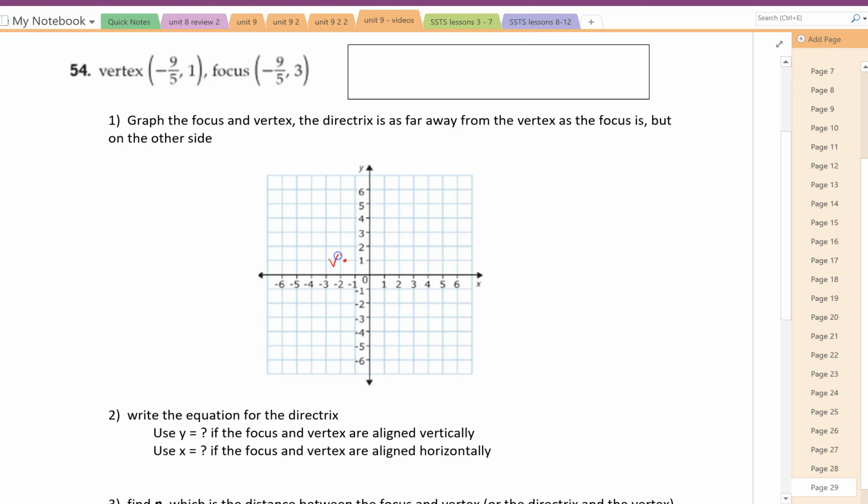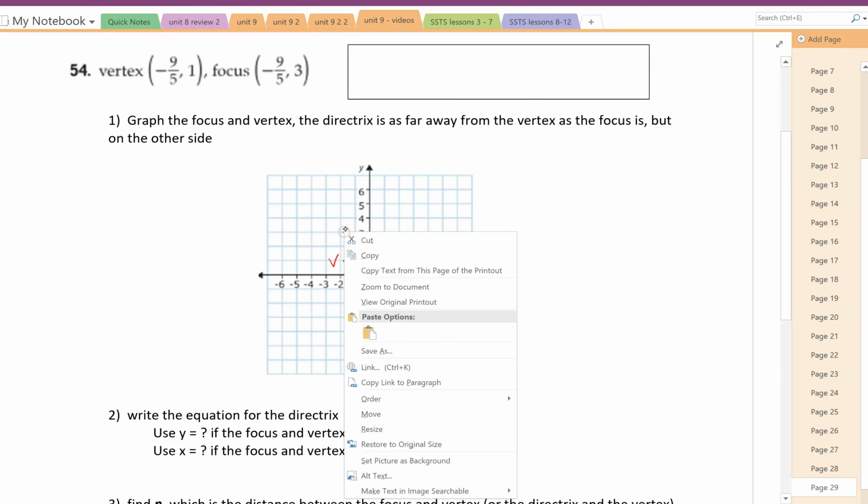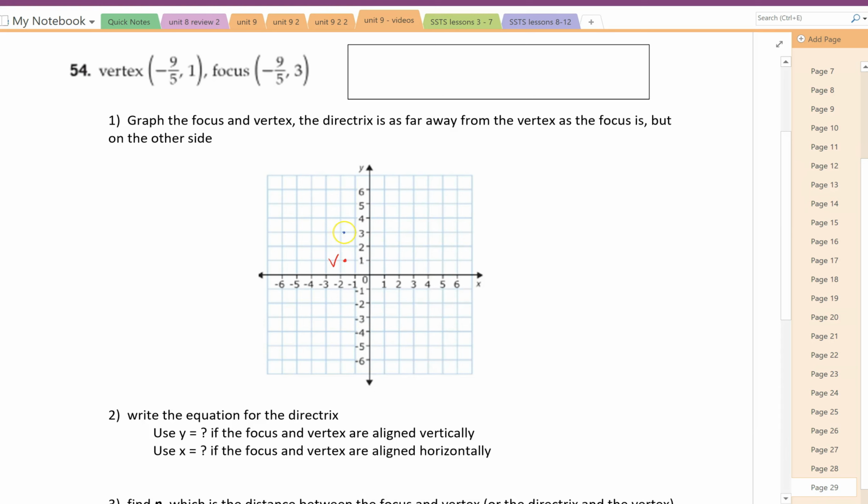I'm going to put a little v there for vertex. Focus is also at -9/5, but up at 3. I'll do that in a different color so I can distinguish. Back 1.8 and then up to 3. So that's the focus of the parabola.